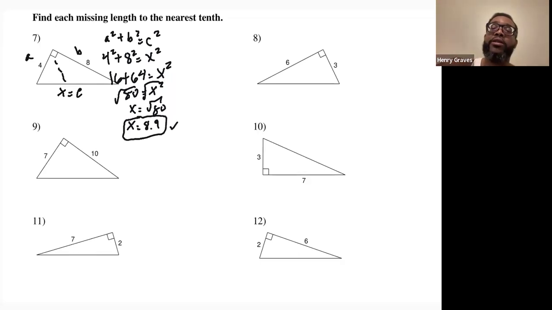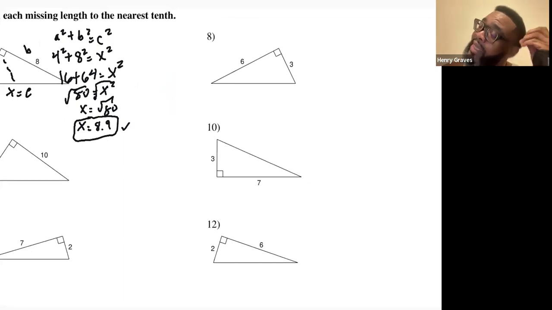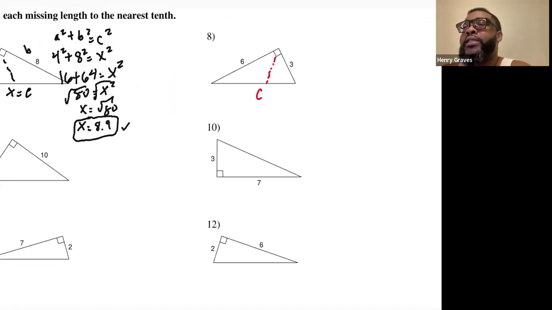All right, let me go on to number 8. I'm going to do that in red. Remember, directly across. This is my C. So if that's my C, between 6 and 3, since 3 is smaller than 6, that makes this my A. So I'm going to do a squared plus b squared equals c squared.